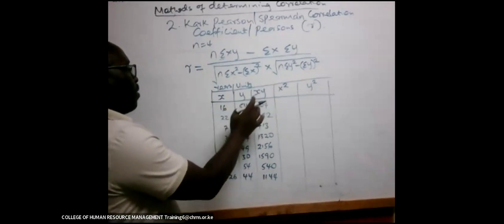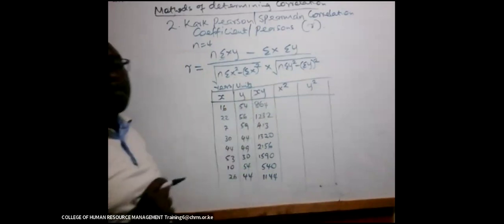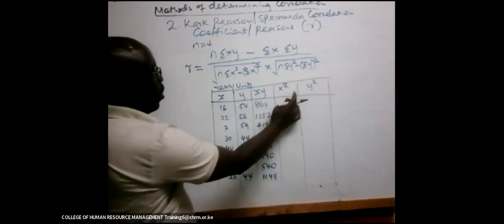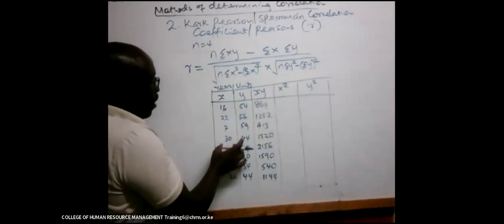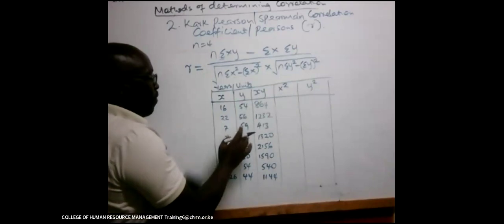For XY, you take the X times the Y for all those pairs. You go to X squared, you come to the column of X, and you square each and every value.